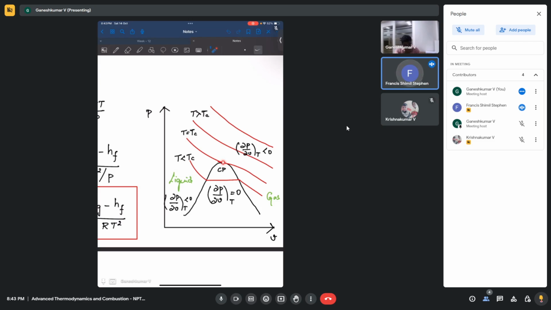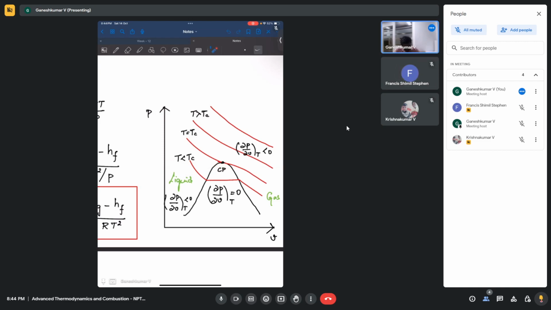Sir, you have written liquid and gas at the left and right, so till which point can we write liquid, and to which point gas, if we are drawing a horizontal line? So you are asking where this thing starts. Yes, sir.